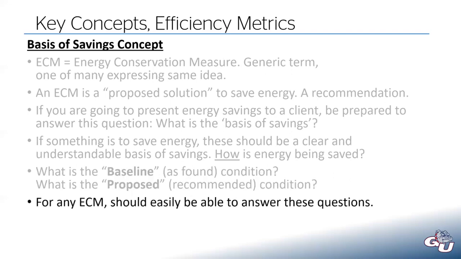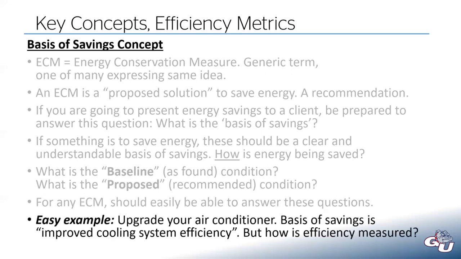And so if you are recommending an ECM to a client, you're making a recommendation on how they can save energy, you should be able to answer these questions. What is the basis of savings and how is energy being saved? What is the baseline condition and what is the proposed condition?